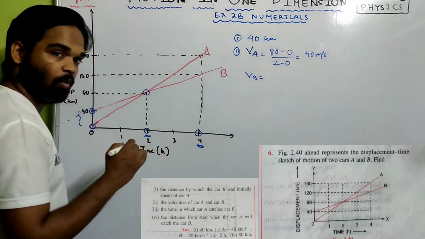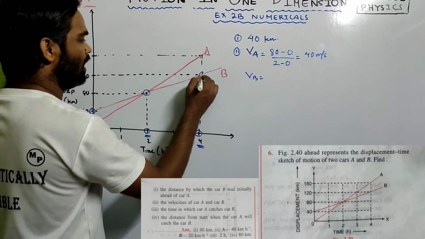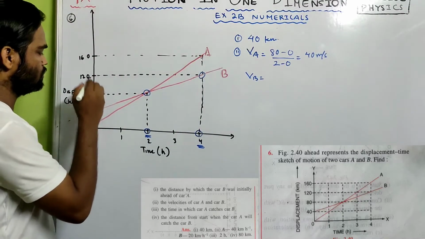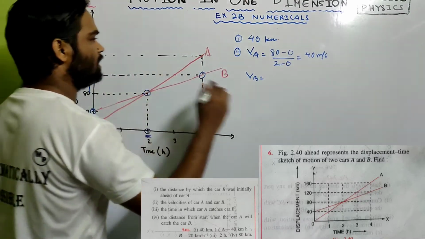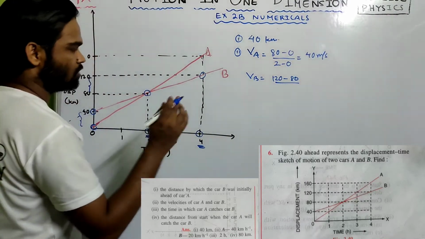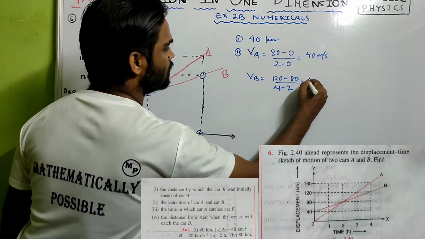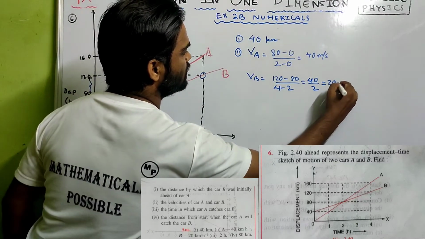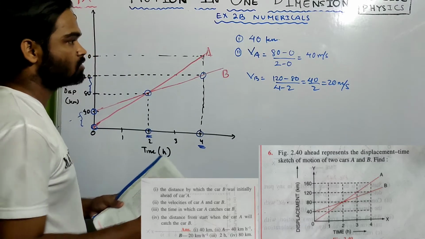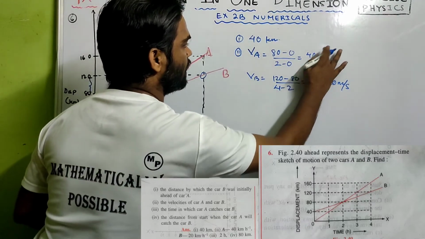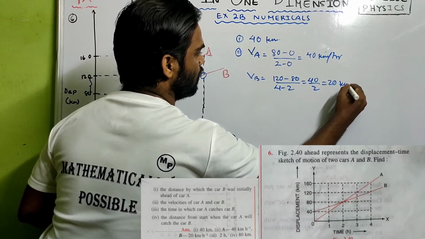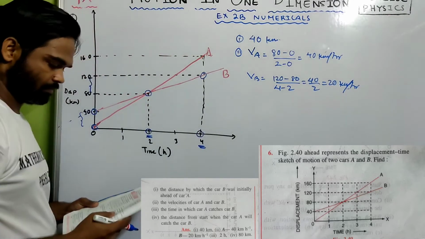At 4, it was 120 kilometers. So change in y coordinate is what? 120 minus 80, sorry. Change in x coordinate is 4 minus 2. That's 40 by 2. That's 20, sorry, that's in kilometer per hour. Extremely sorry. Yeah, kilometer per hour.